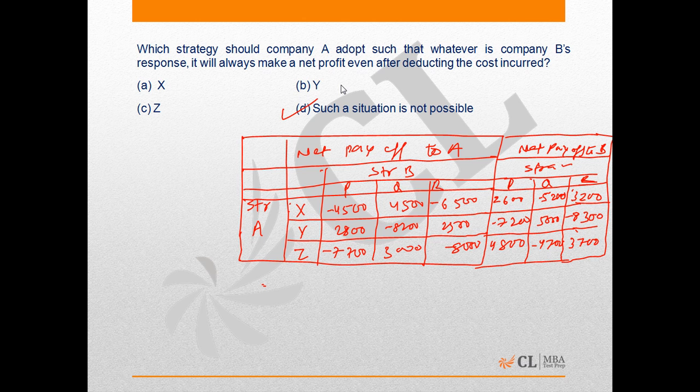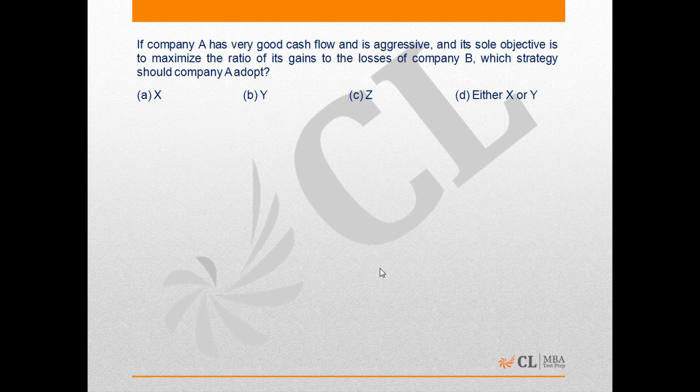Now, if we look at the table, the ratio will be maximum when A adopts strategy X. In that case, it makes a gain of 4,500, and B adopting strategy Q loses 5,200. This is the maximum possible ratio of gains to A to the loss to B. Therefore, strategy X should be adopted by Company A.